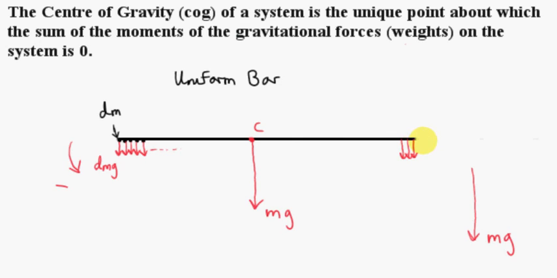But over here we have the exact same vectors. They have magnitude dmg because we're dividing the bar up into equal masses. Each mass is dm. We just make all the masses equal for simplicity. It's a uniform bar, so we have just as many of them on this side as we have on the other side, but the moment of these weight vectors or gravitational forces about the point C will be positive.